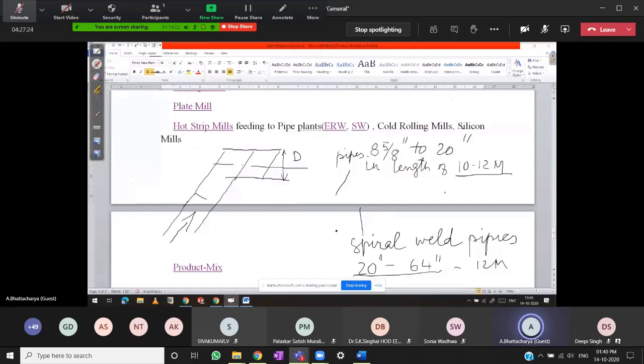So there is a trigonometric relationship between D and W. This angle is important. This angle is the incident angle. Now, if you bring down this angle, so this is how spiral pipes are made.